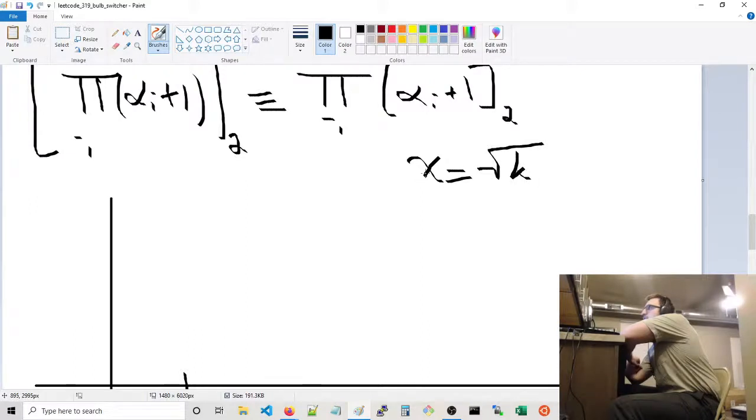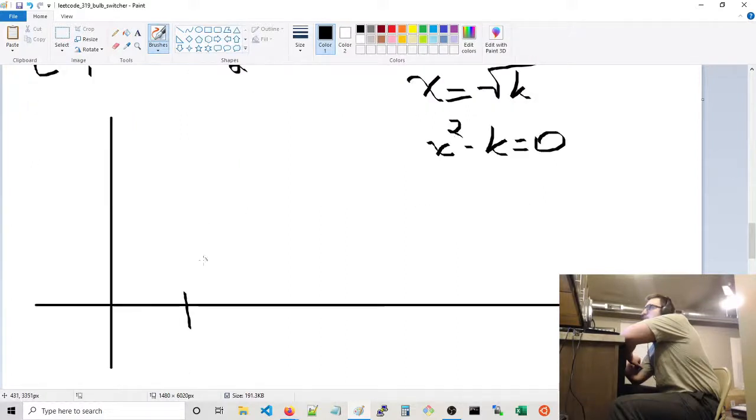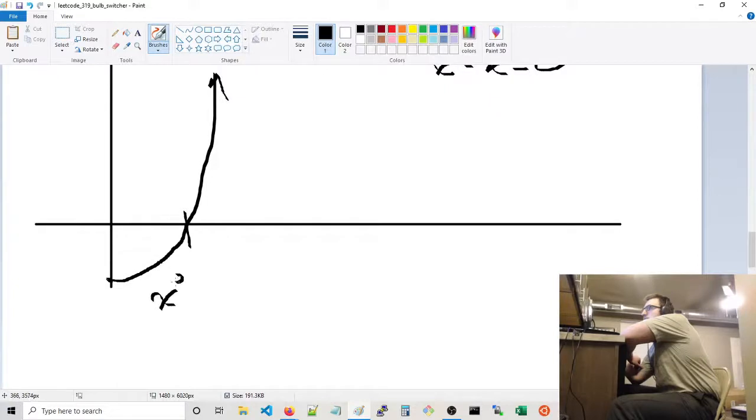What we want is x, the square root of k, where k is some number. That means x squared minus k equals 0. So it's a parabola like this: x squared minus k equals f of x.